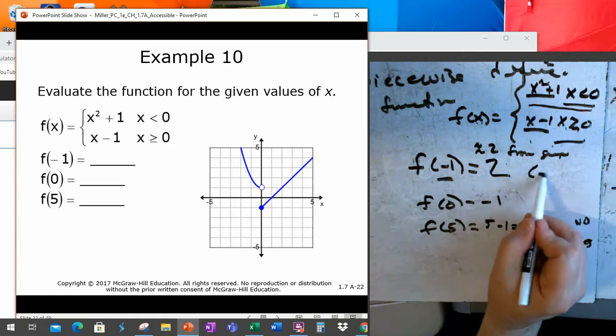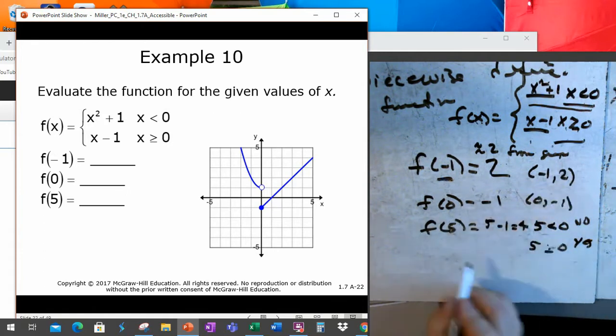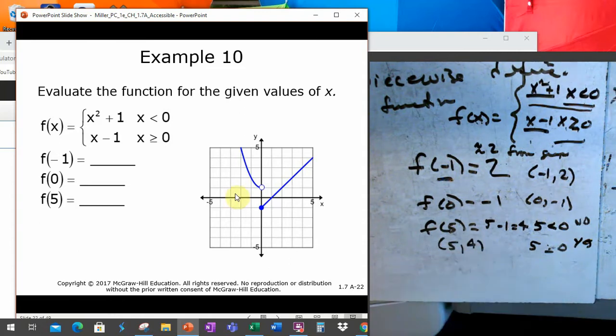The points are -1, 2, 0, -1, and 5, 4. -1, 2 over on the graph, 0, -1, that's that point. And then f of 5, 1, 2, 3, 4, 5, then 1, 2, 3, 4, that's my 5, 4 piece.